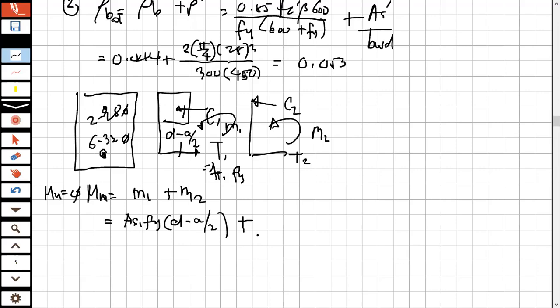Plus M2 na A_s' or A_s2 Fy times, ito naman is d minus d'. Okay, let's calculate. Ano yung A_s1? Okay? At saka ano yung A_s2? Okay, the total A_s, kitang-kita naman sa baba.